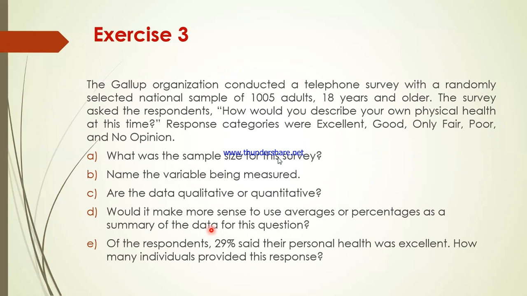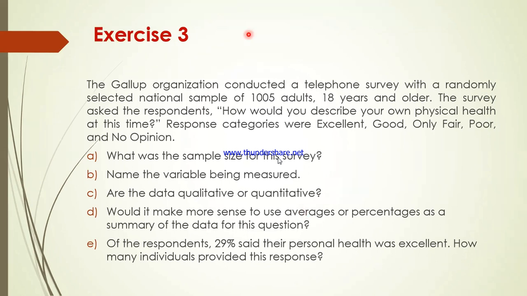To summarize those answers, do we have to use the average or the percentage? Which method is best to summarize those 1005 answers? You already know the meaning of both. Now we check the answer.